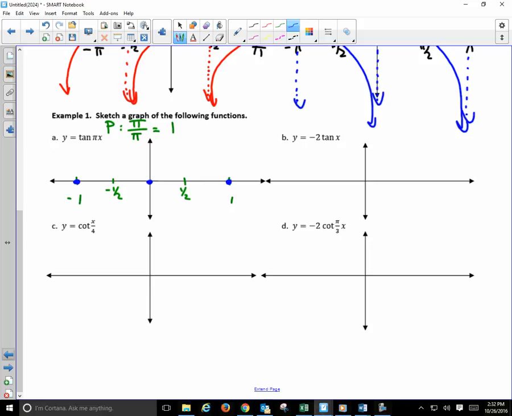So every time I move 1 unit, I put a dot. That's where it's going to be equal to 0. It's undefined halfway in between. What do I draw when it's undefined? Yep, an asymptote. Does tangent start down and finish up, or start up and finish down? Starts down and finishes up.